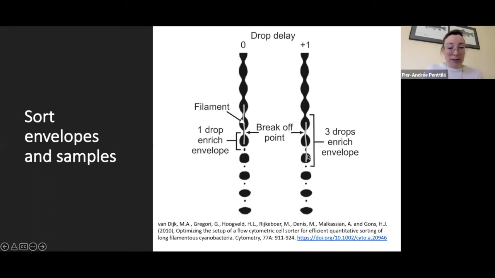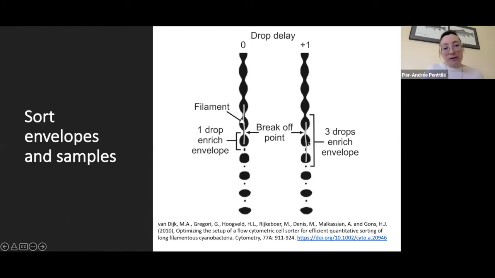And in this paper, they tried using a 1-drop enriched envelope versus a 3-drop enriched envelope. Sorting 3 droplets at once rather than a single droplet, in this instance, increased the chance that the droplets successfully envelop the filament and allow it to be sorted.